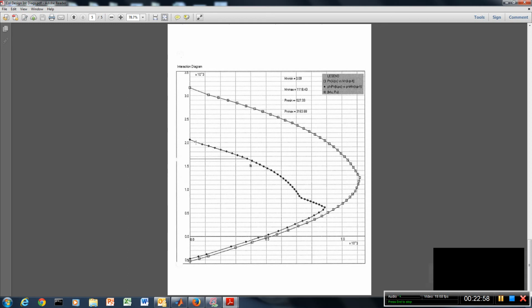And you can see then that our phi PN and M sub U are within this interaction diagram and envelope, and hence our column is satisfactory. That concludes our lesson on the use of interaction diagram charts for the design of short reinforced concrete columns.